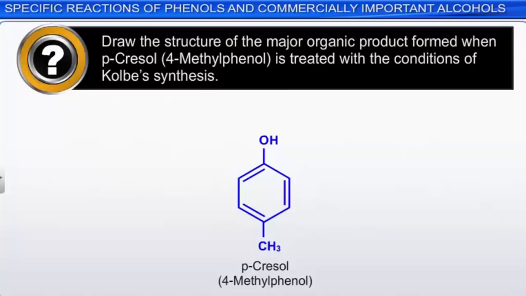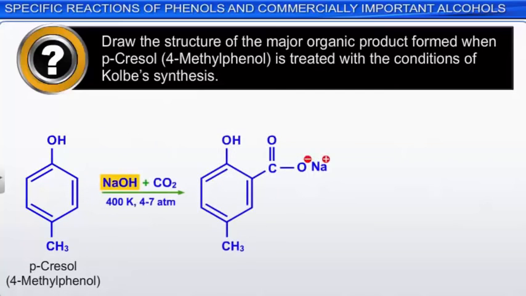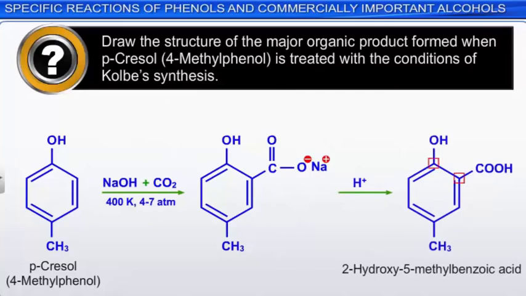Alkyl derivatives of phenol react in a manner very similar to phenol. Treatment with sodium hydroxide, followed by heating with carbon dioxide at high pressure, and then acidification, forms an ortho-hydroxybenzoic acid derivative.